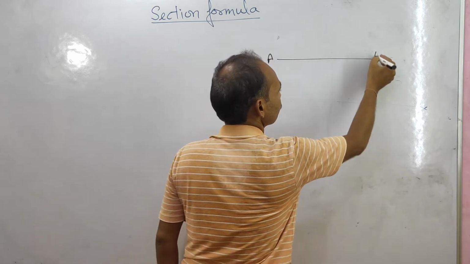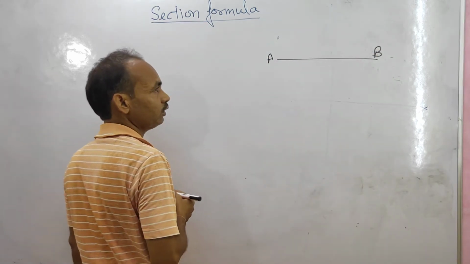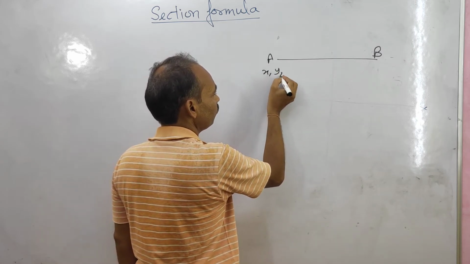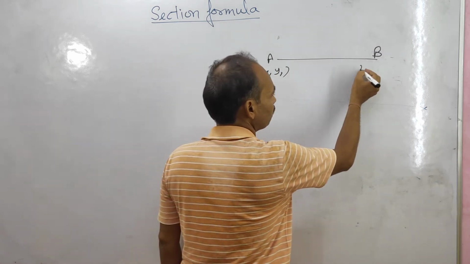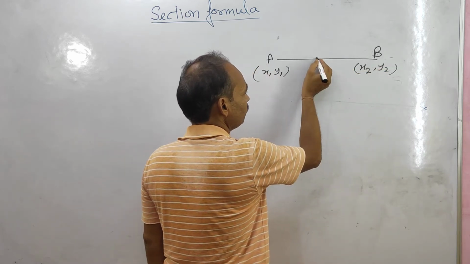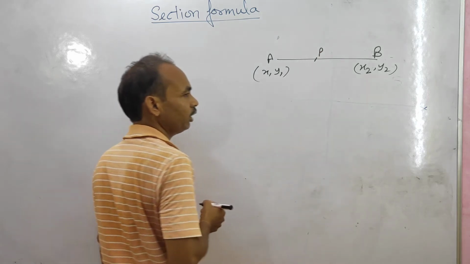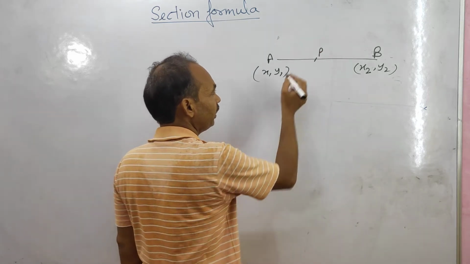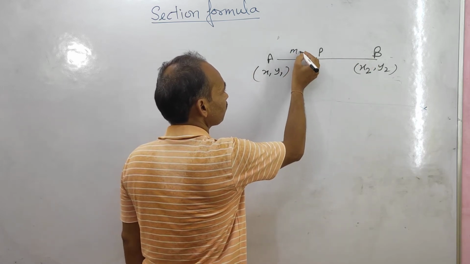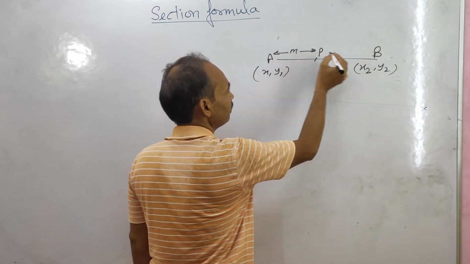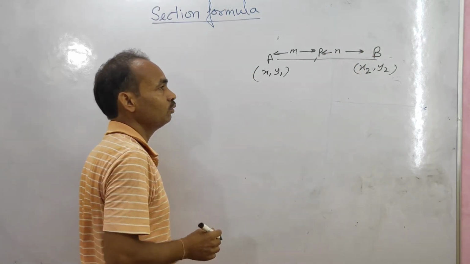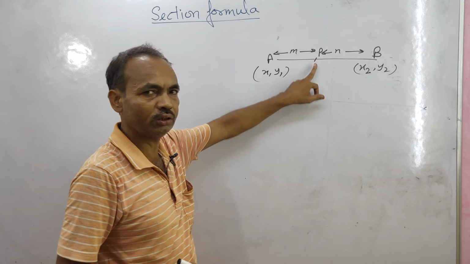and B. If A has coordinates x1, y1 and B has coordinates x2, y2, and it is divided by point P, and the ratio of AP to PB is m:n, then what will be the coordinates of point P?